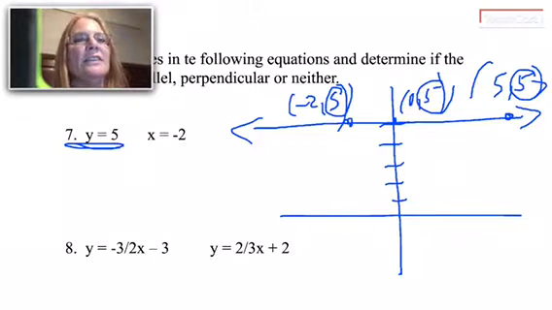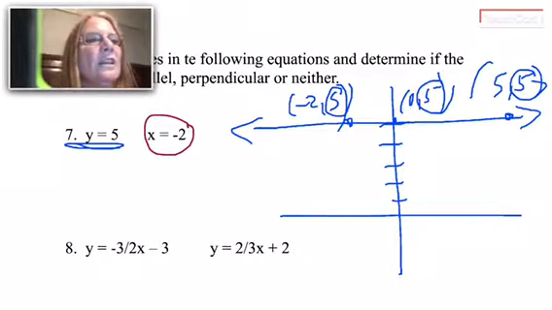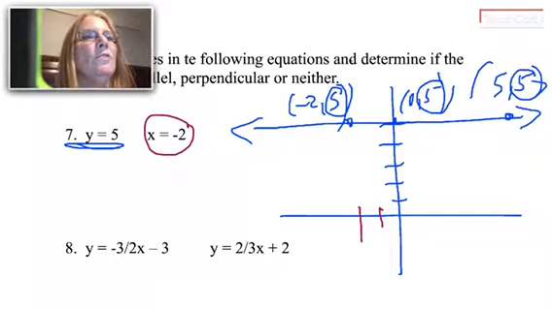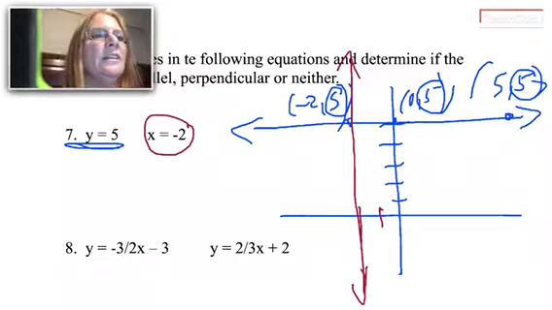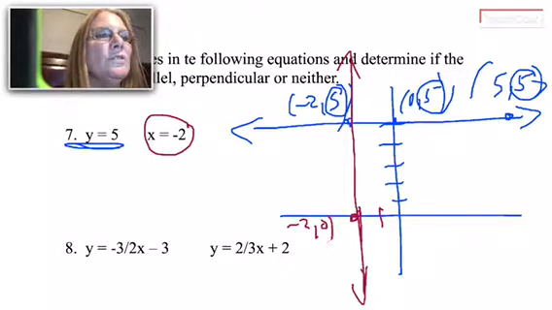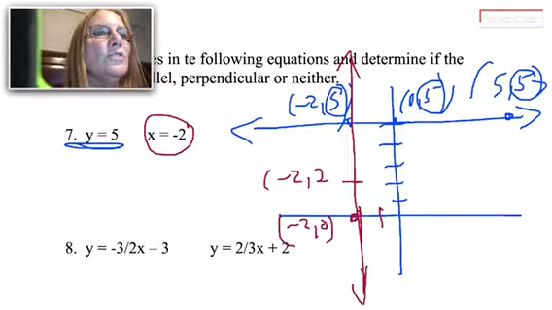So let's think of x equals negative 2. Well, you can't even see that color. Let's try this one. Here's x, here's negative 2. So we would draw a line through x at negative 2. Think about it here. This point is negative 2, 0. This point is negative 2, 2.